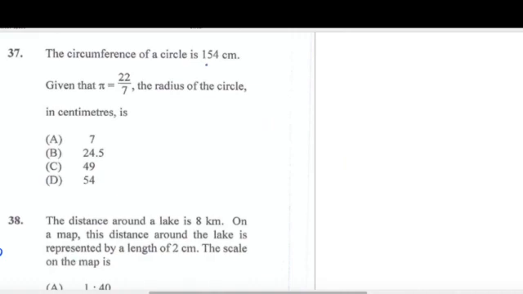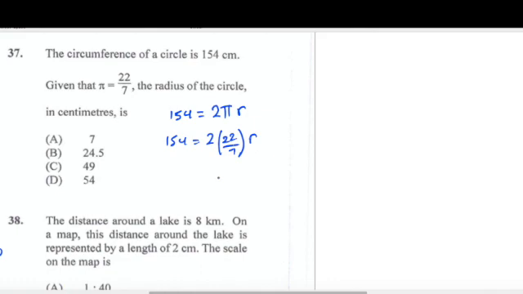So the circumference of a circle is 154. What is circumference? Circumference is 2 times pi times the radius, right? They gave us pi as 22 over 7. So 154 is 2 times 22 over 7 times the radius. And they want to know what the radius is.